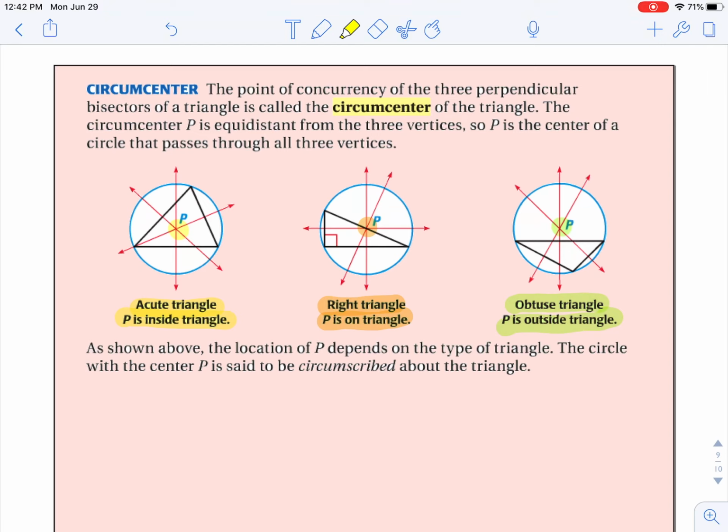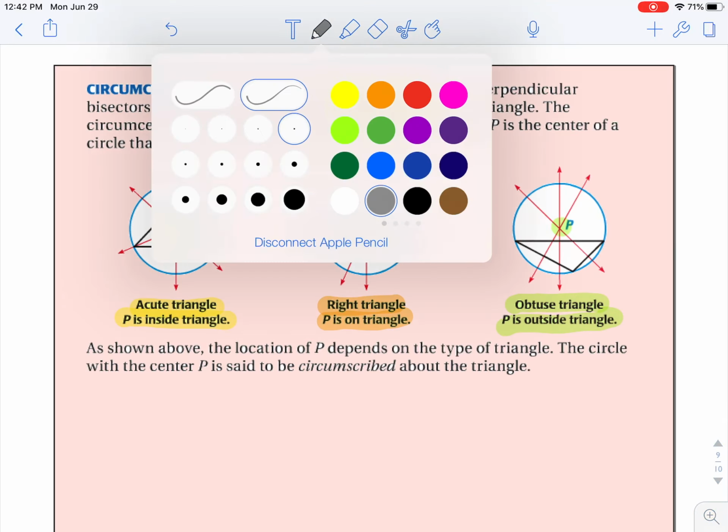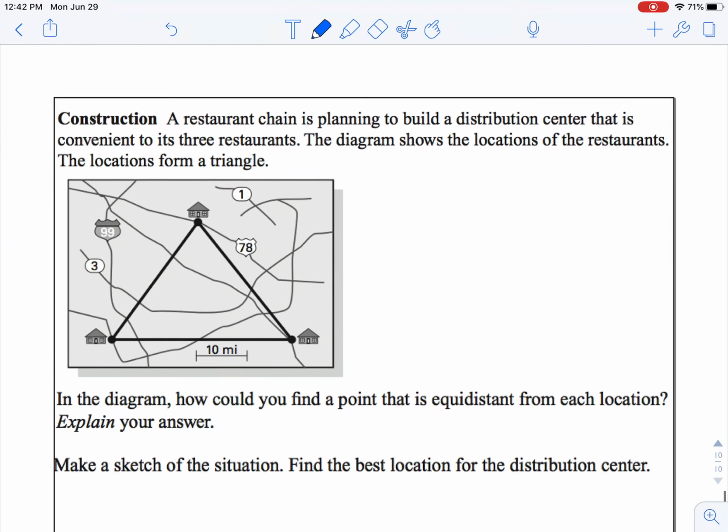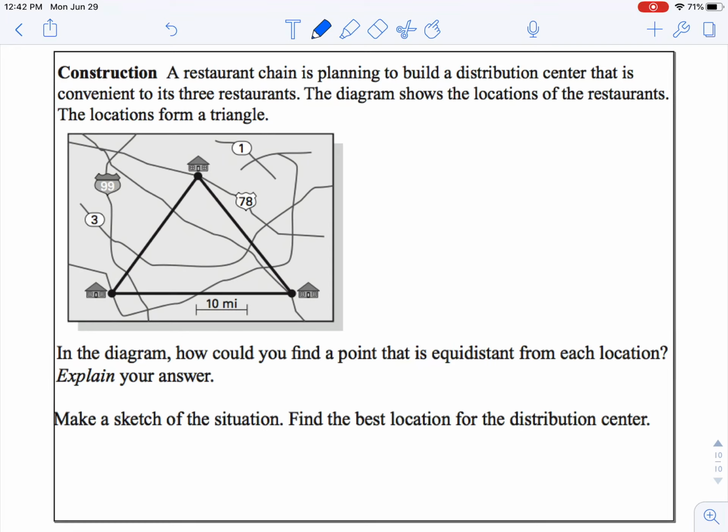We already know how to do a perpendicular bisector construction, so if you do it on all three sides of your triangle, you will be able to find that circumcenter. And remember, the big important point here is that that circumcenter right here is equidistant from the three vertices. And here's one really important example of why we care about this stuff.